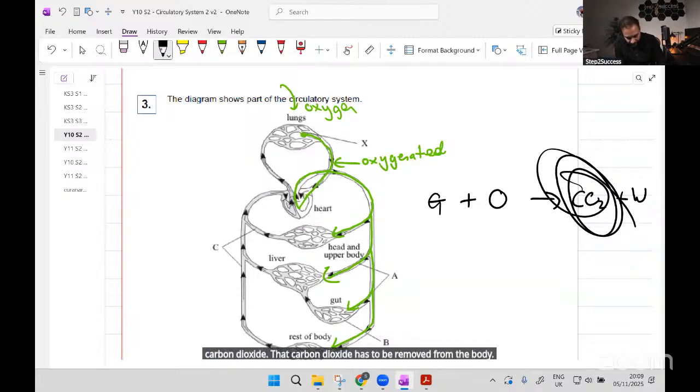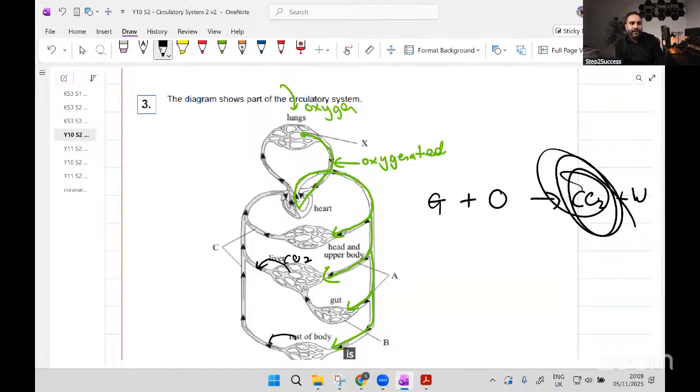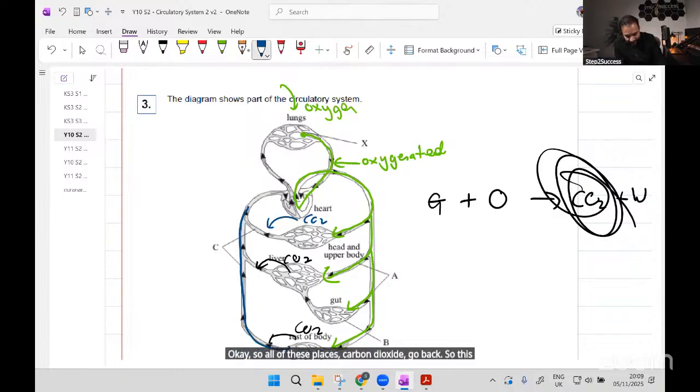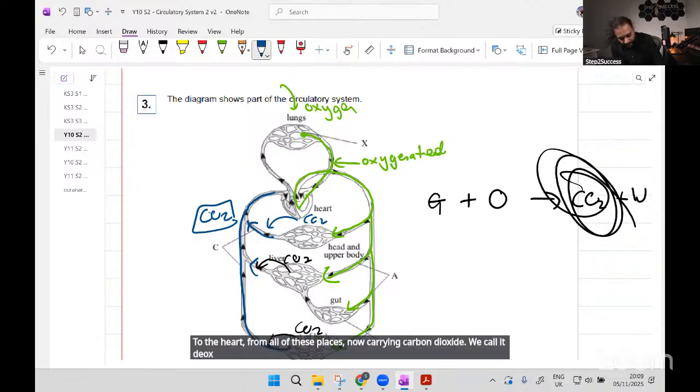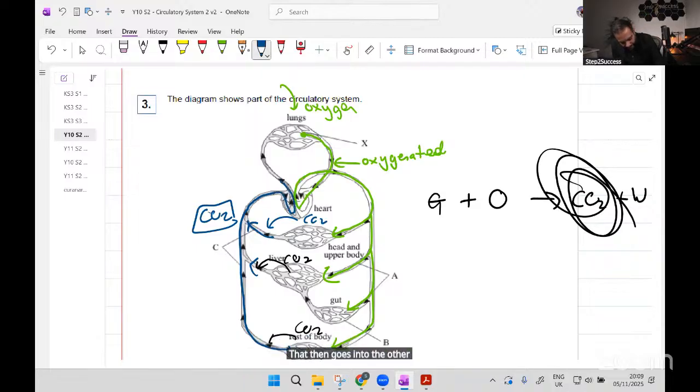And so, from all of these cells, when this oxygen reaches it, carbon dioxide is put into the blood to be carried backwards. So this blood now goes back to the heart from all of these places, now carrying carbon dioxide. We call it deoxygenated blood now. That then goes into the other side of the heart and then gets sent to your lungs where you breathe it out. It's a lovely picture because it covers everything.